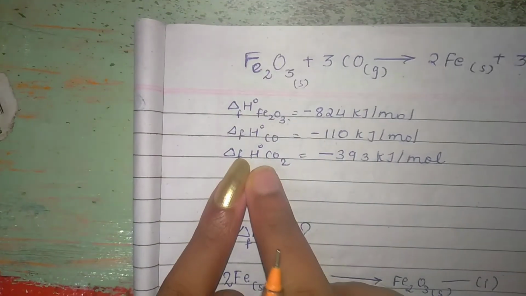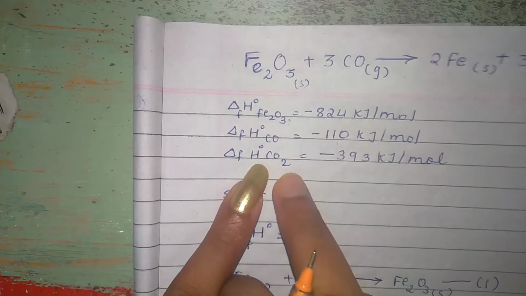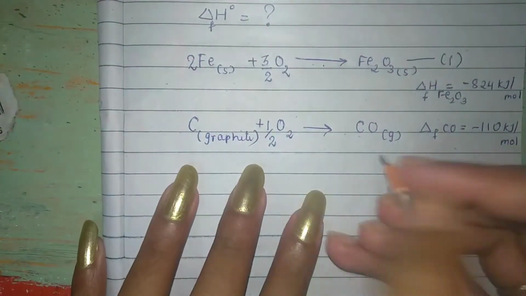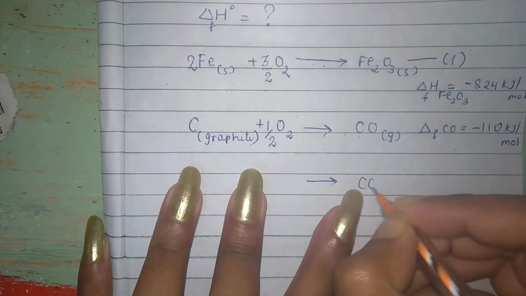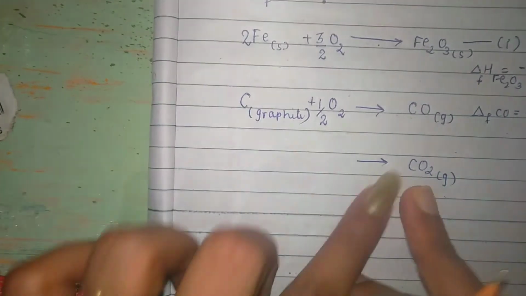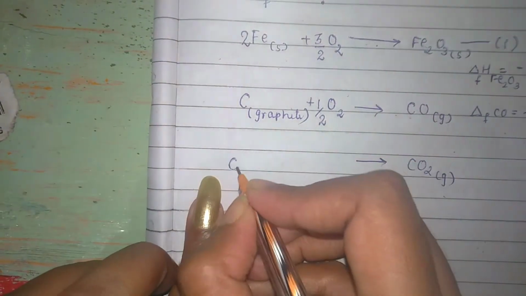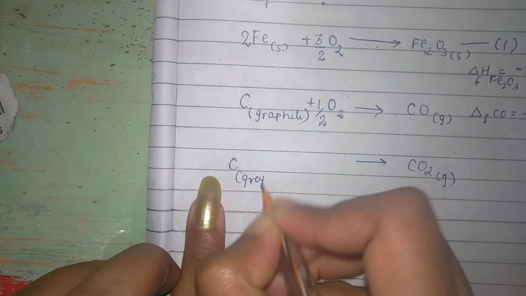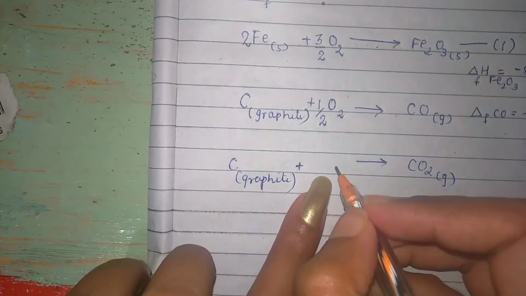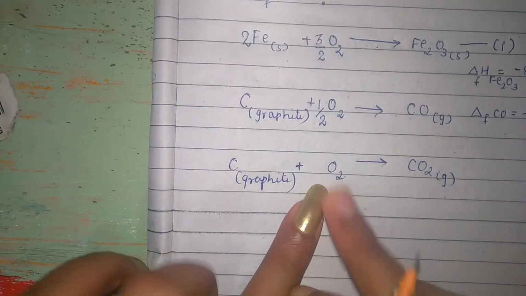Now let's look at the third one. What we have to form is carbon dioxide, which is a gas. How will you form carbon dioxide? For that you need carbon in the stable form, which is graphite, plus oxygen in the stable form, which you get as O2.